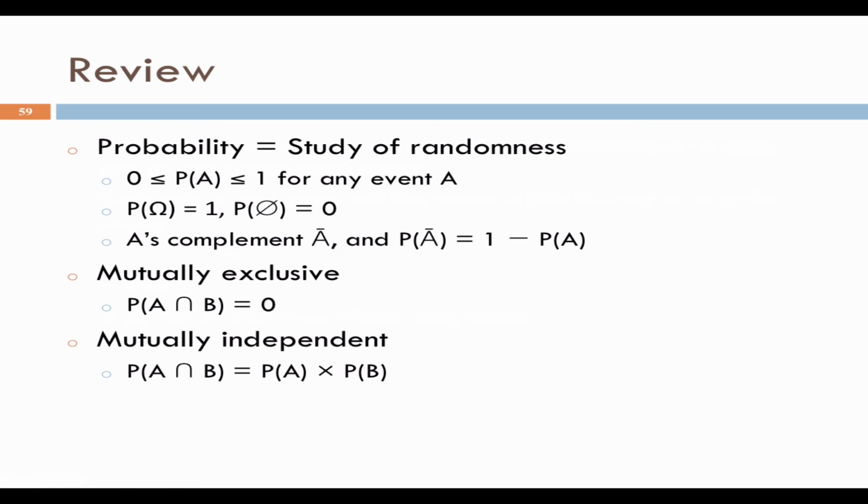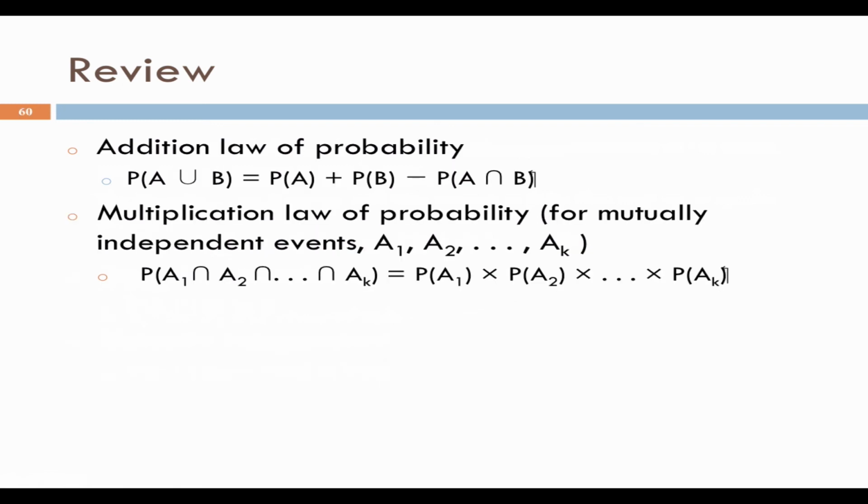One, it's always bounded between 0 and 1. The second one is mutually exclusive events. We also talked about mutually independent events. Then we introduced the addition law of probability, which is used to estimate the union. We talked about the multiplication law of probability, which is used to estimate the intersection.